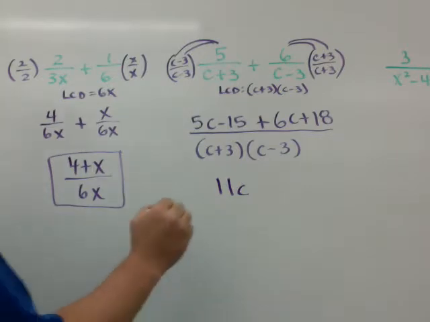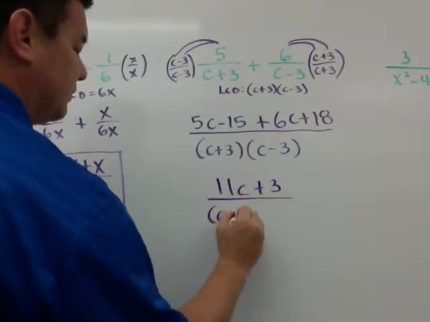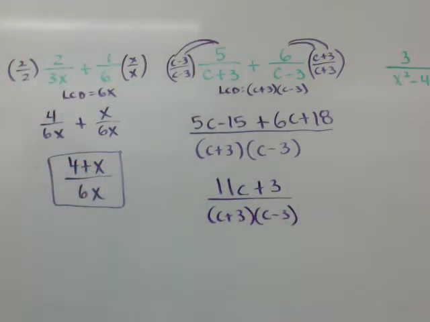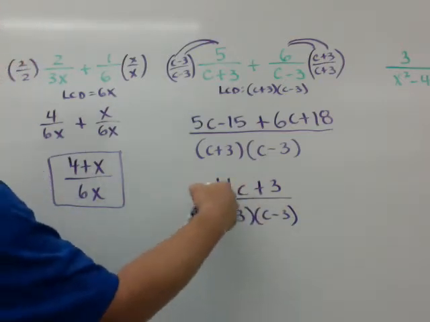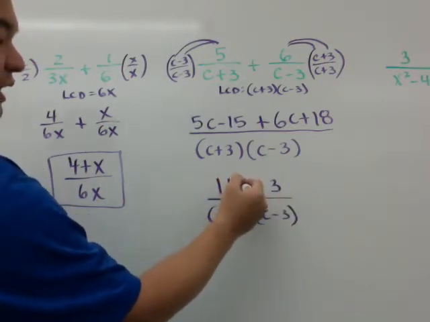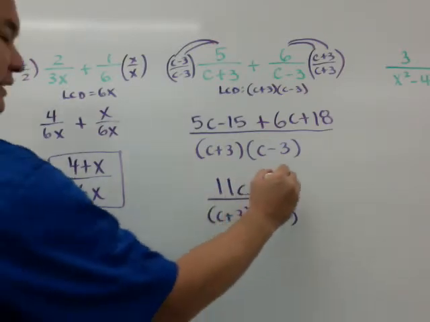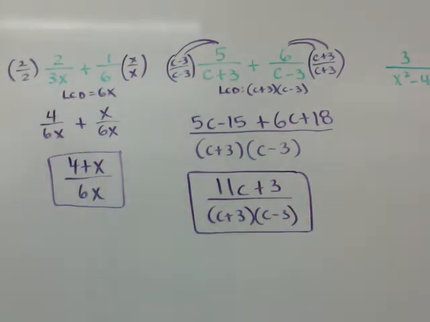So 11c plus 3 over c plus 3 times c minus 3. Okay, don't try to cancel this with this because it doesn't work, because 11 is with the c, it's not parentheses. If it was 11 parentheses c plus 3, then I could cancel it down. But because it's not, I need to stop, and that's my answer. I cannot break it down anymore.